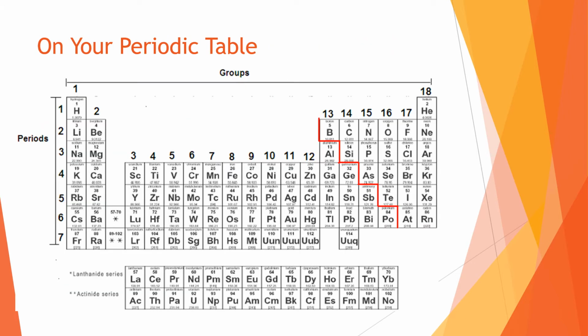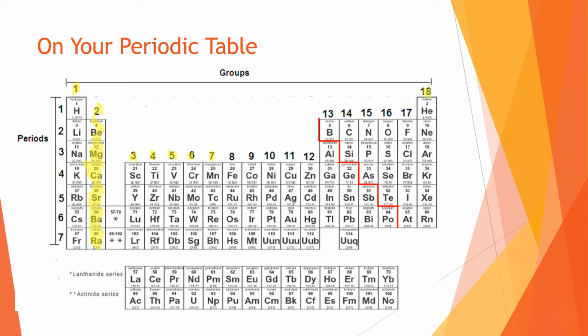Okay, so again, this is just to reiterate that difference between groups and periods. So these numbers are the group numbers, 1 through 18. Elements within the same vertical group, so from top to bottom, all of these elements are in the same group.